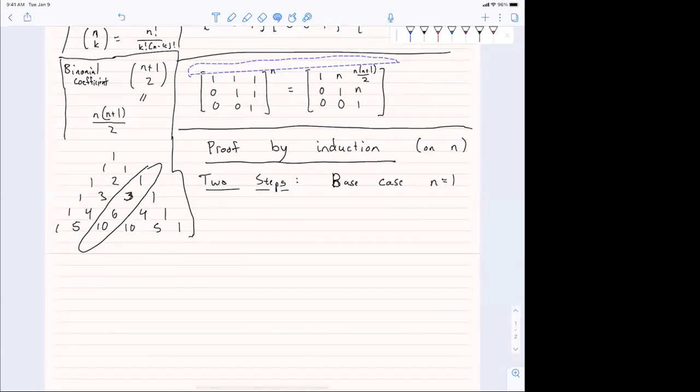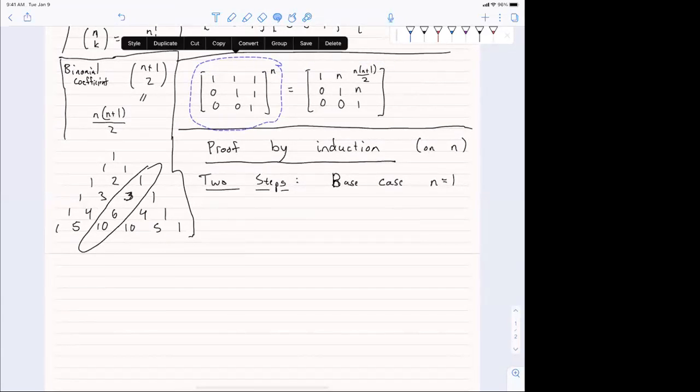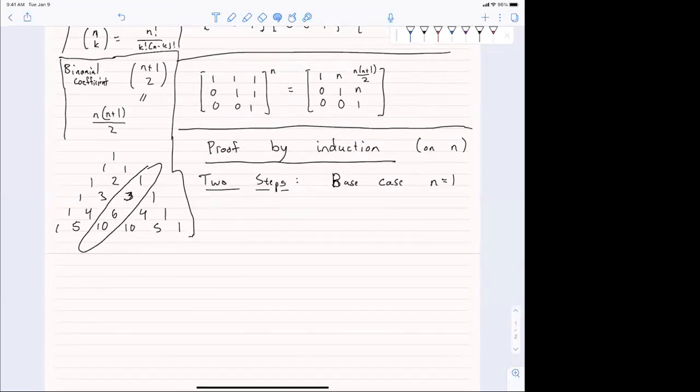Let me just take this. This is n equaling 1. That's just the matrix, right? But I'm going to write it in a very silly way here.